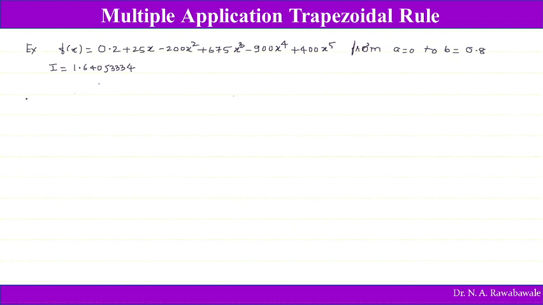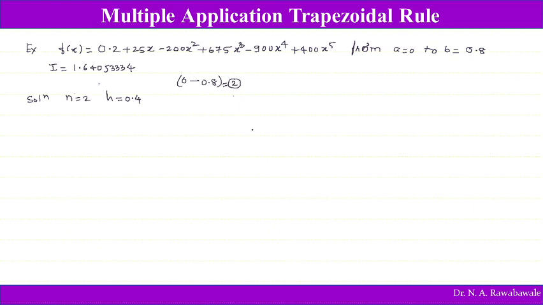Let us consider for the solution the number of intervals n is equal to 2 and step size h is equal to 0.4. So we want to divide this range 0 to 0.8 into two intervals. Each interval is of 0.4, h is equal to 0.4.